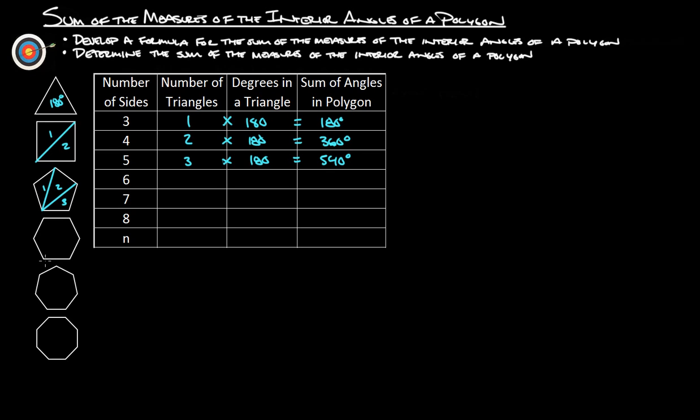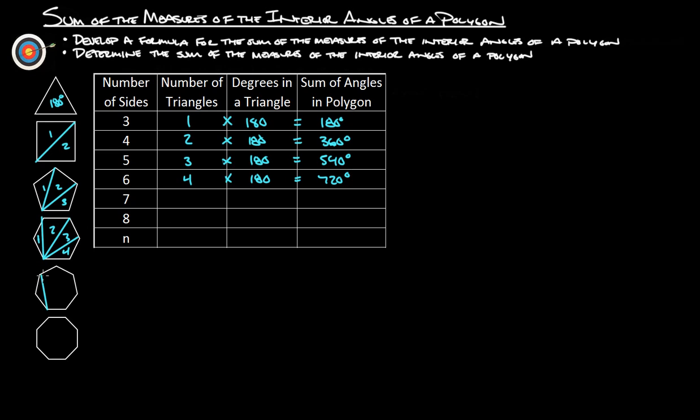Now hopefully you're starting to figure out a pattern that's going on here. Here's 1, there's another, and there are 2 more. So there are 4 total triangles here times 180 equals 720 degrees.